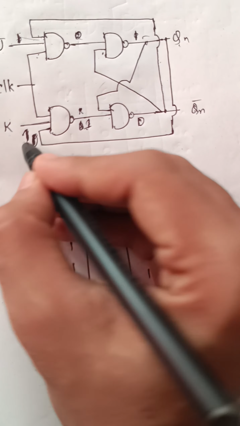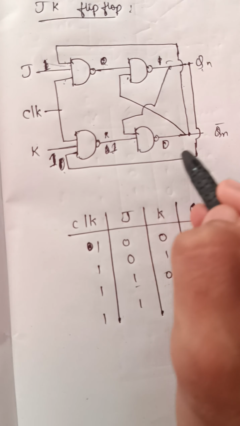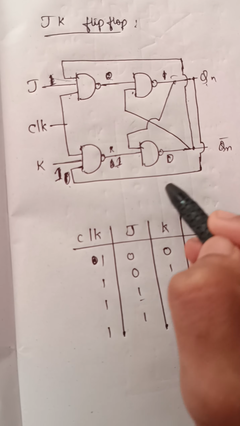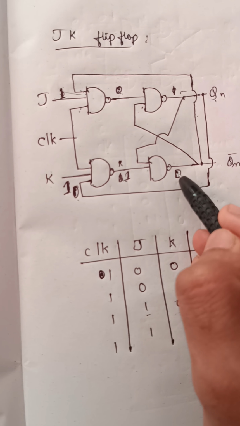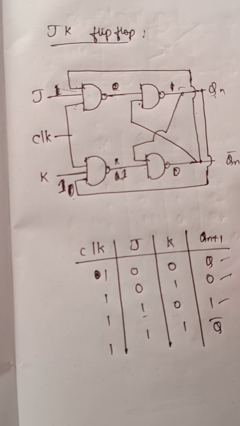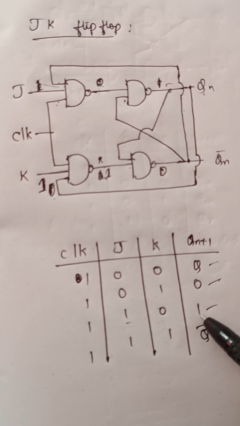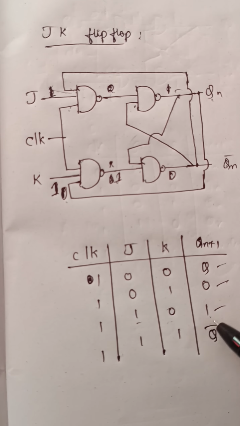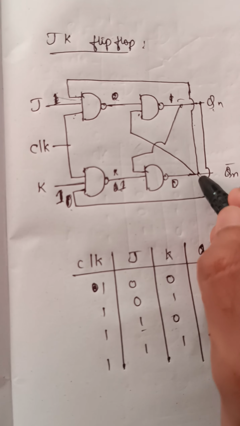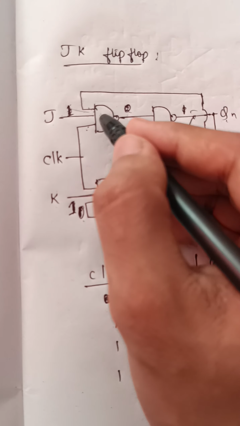If J and K are 1 1, okay, then it takes from here. Here it is 0, Qn is 1 here. In the previous case Qn is 1 and Qn bar is 0. Qn bar 0 is taken here, okay.